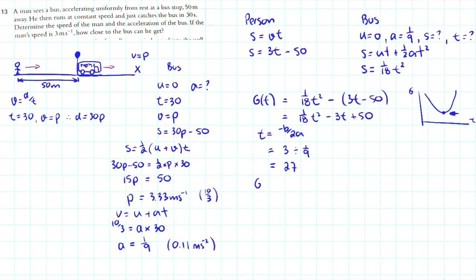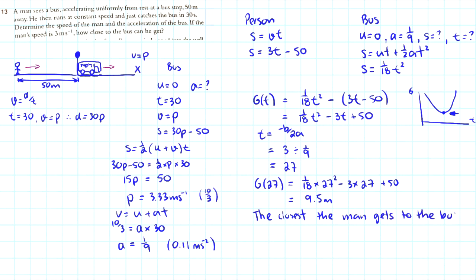So our gap at 27 is equal to 1 on 18 times 27 squared, minus 3 times 27, plus 50. We put that into a calculator and end up with a gap of 9.5 meters. That's the closest that the man gets to the bus.